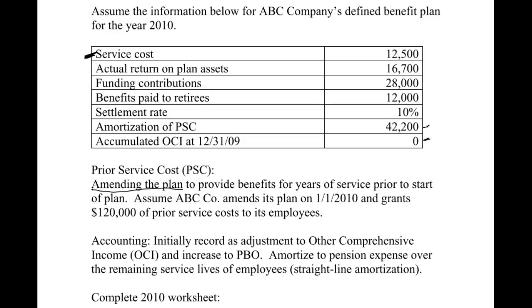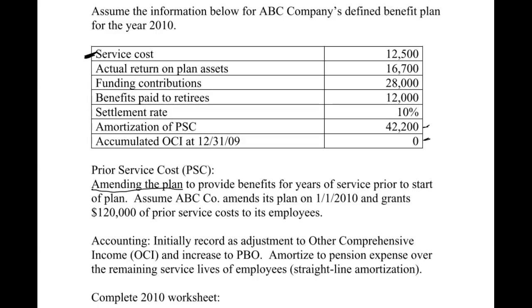All right, prior service cost means we're going back and recognizing prior years of service as part of their service overall. So these are amending the plan to provide benefits for years of service prior to the start of the plan. The example I gave in the last one is, assume you all work for me.